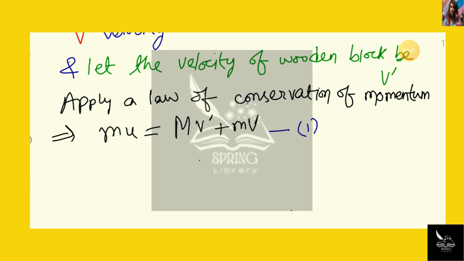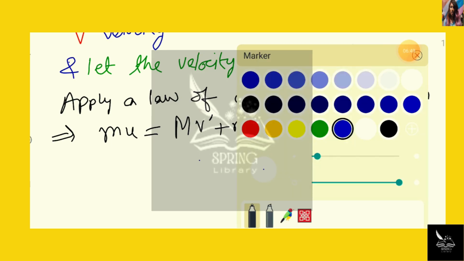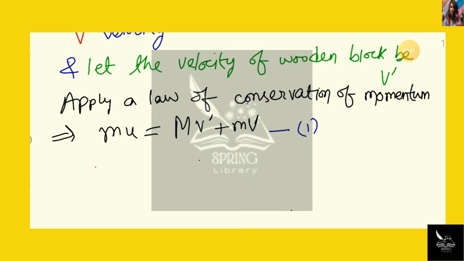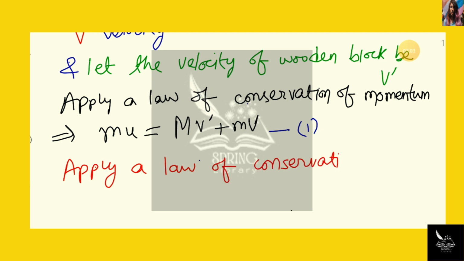Now the next step is to apply the work energy principle for the block after the collision. So I am applying the law of conservation of energy for the block.